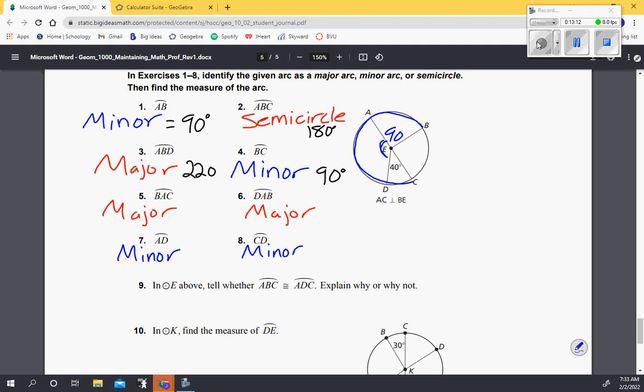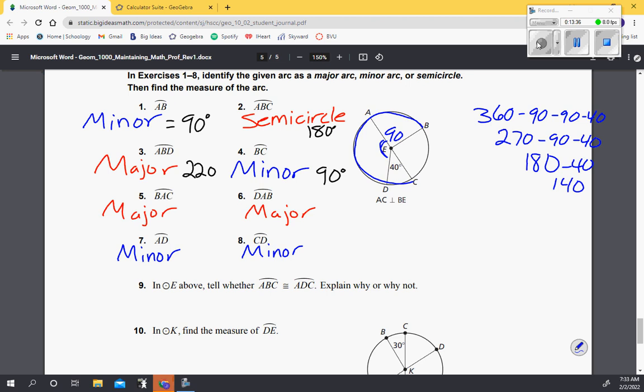We do that by taking 360 minus 90, minus 90, and minus 40, all of our angles. 360 minus 90 is 270, minus 90 is 180, minus 40 is 140 degrees.